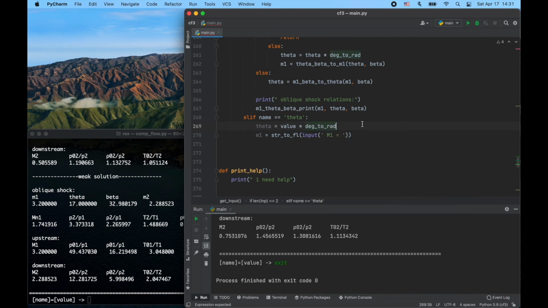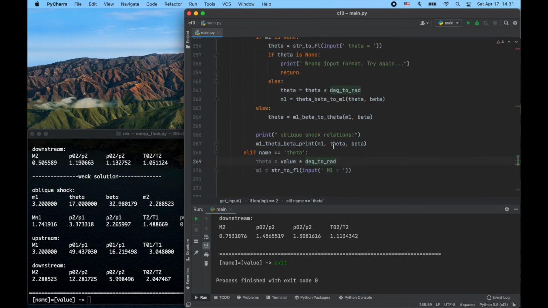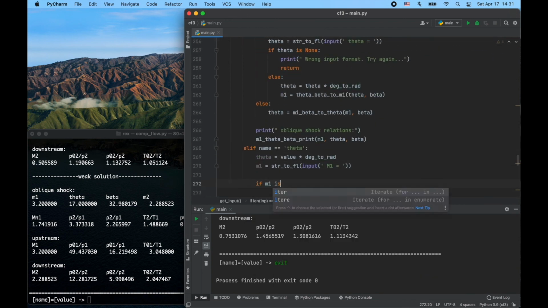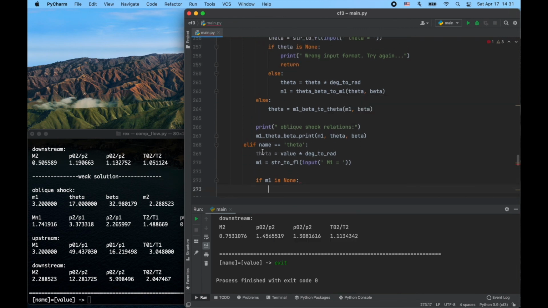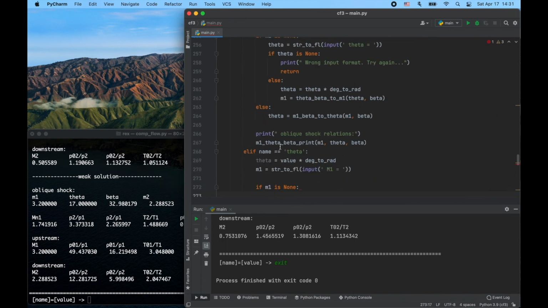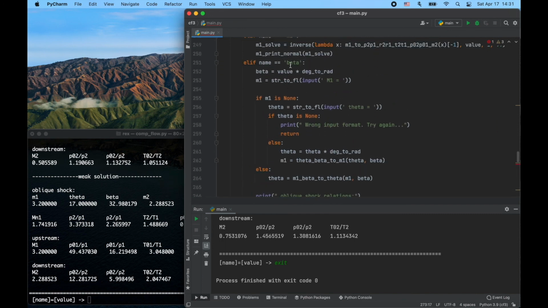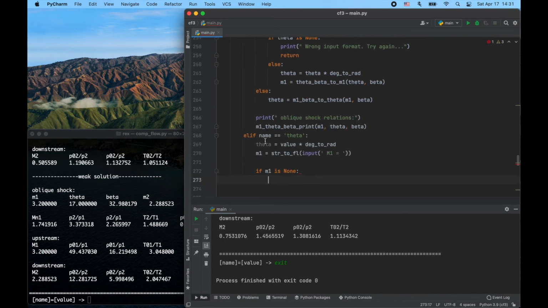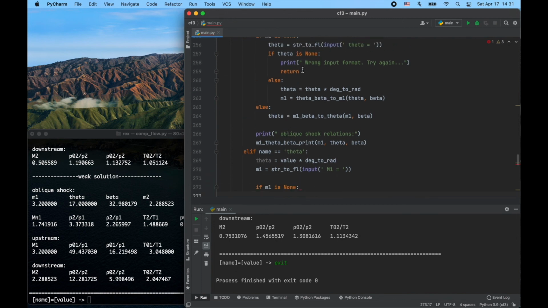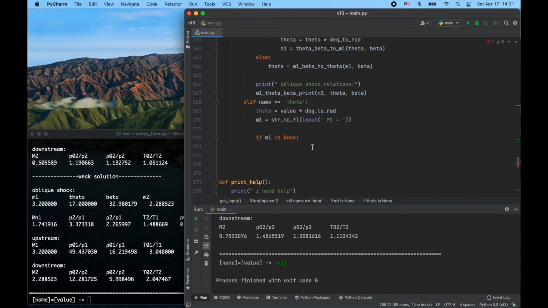We don't have to care about theta and beta are known, but M1 is not known, because in that case, we can just give it beta first and then theta. And if we give it theta, then we have to give it Mach number. But if that is not given, then we use that. Else. Oh, it's returned, so we don't have to use else. But that's just personal preference. Else we can just print this. And our Mach number would be M1.